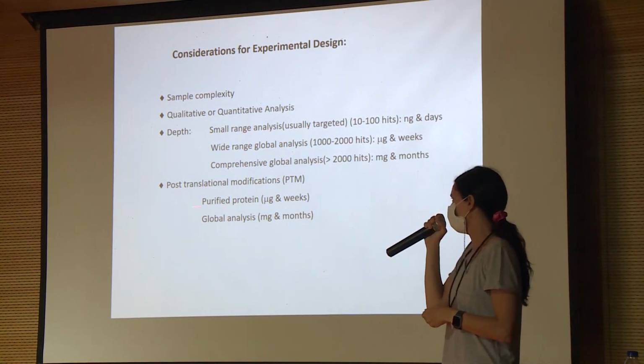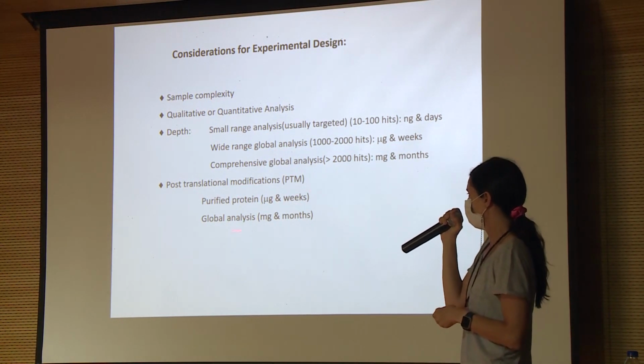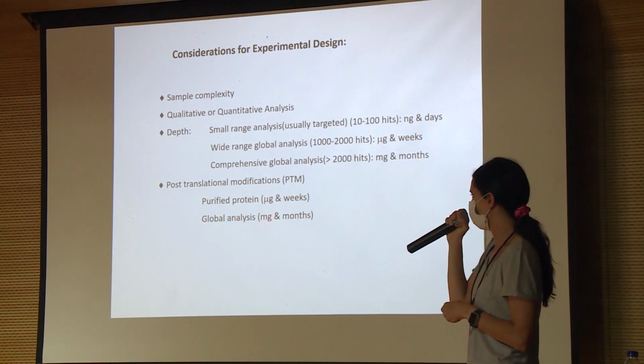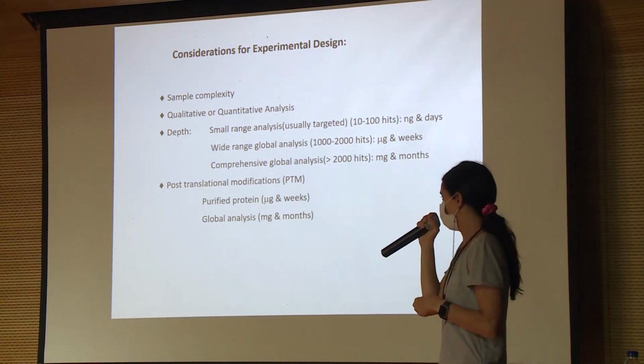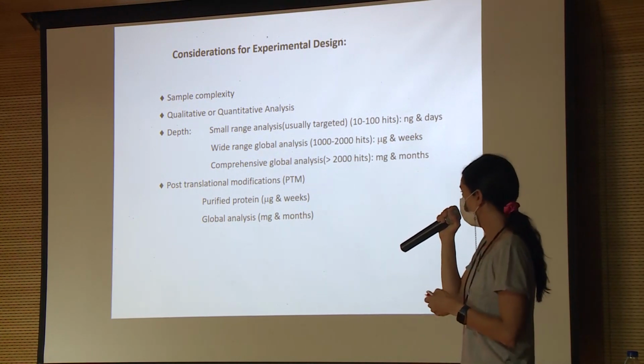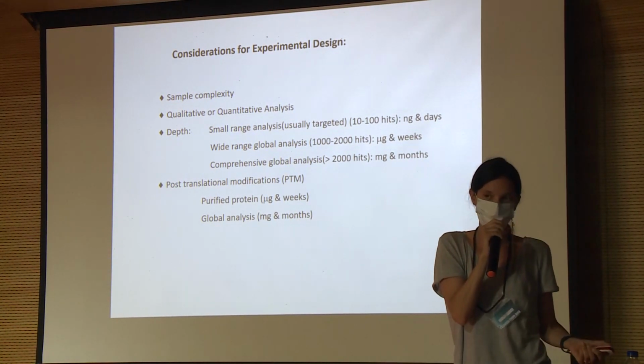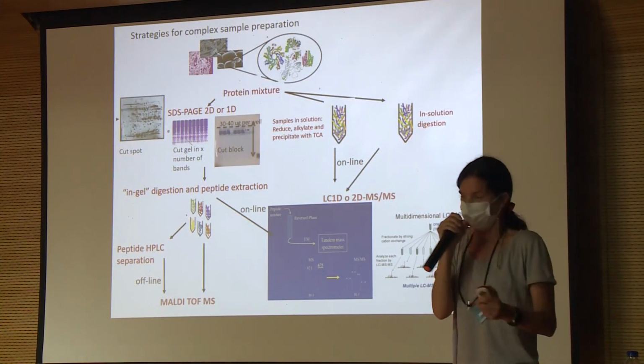Again, if you're working with purified proteins, we're talking of micrograms and weeks. If you're going for post-translational modification global analysis, we're talking of milligrams and months or even years, maybe. So you have to think and consider all these things before you start planning your experiments.